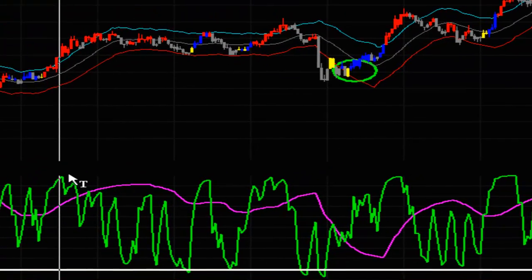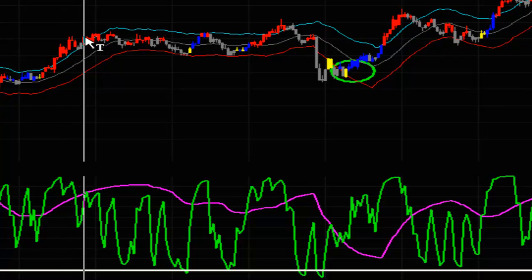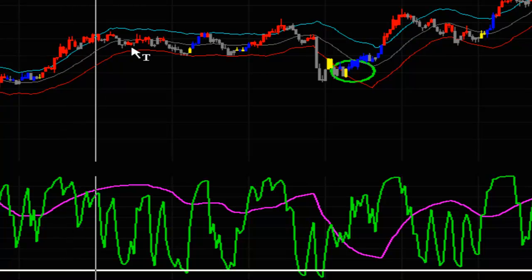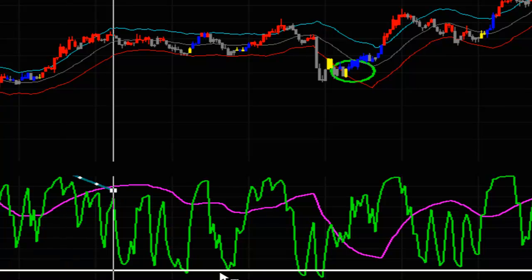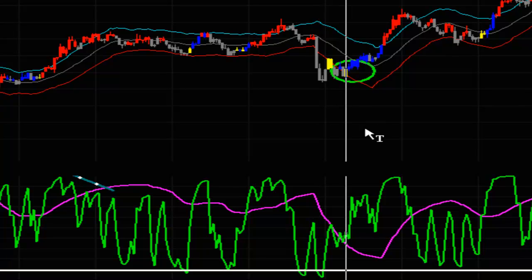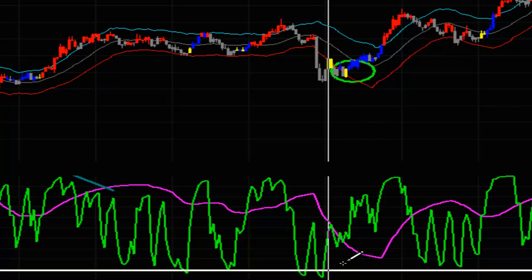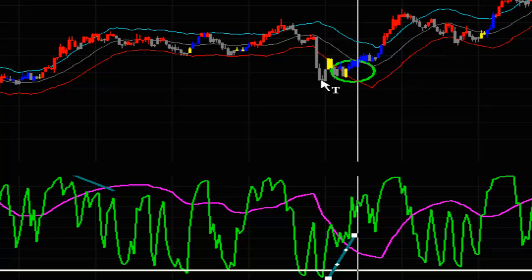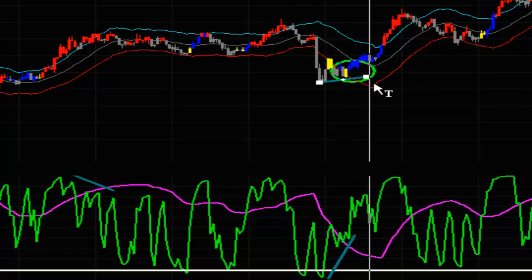Here's some coming in here. Higher highs, more divergence, right across here. You could say that's quite a bit of divergence there. Let's keep moving.